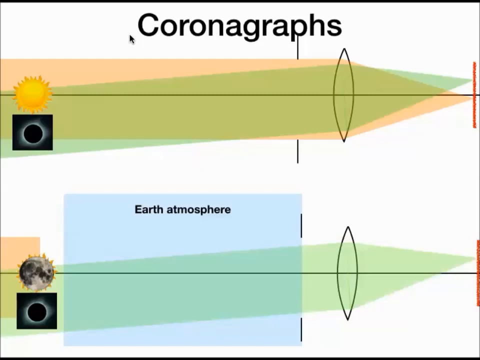So that works. So clever people thought, let's do an artificial eclipse then and put in something that blocks the light of the sun. It's called an occulter, in this case an external occulter. It's an occulting disk outside the telescope, and it's held by a little arm that puts it in front of the telescope, and we see what happens then.